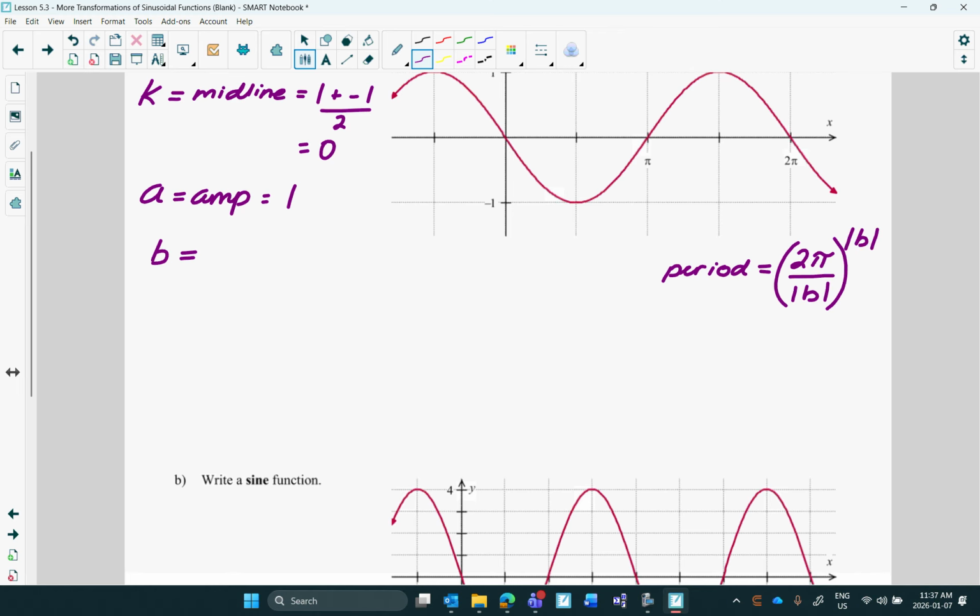I'm going to multiply both sides by the absolute value of b. So I'm going to get b times the period is equal to 2 pi. How would I find b? Divide the period.